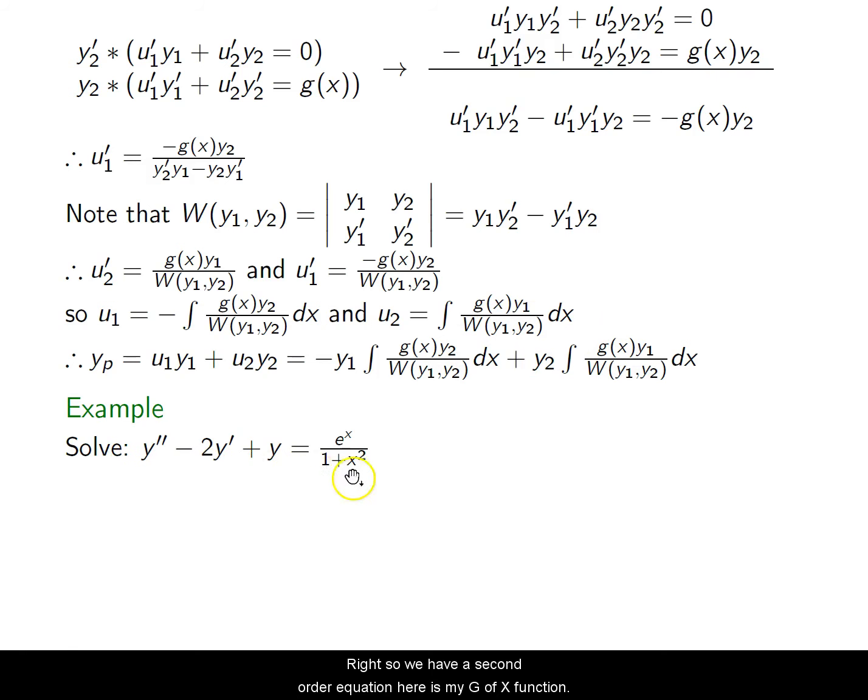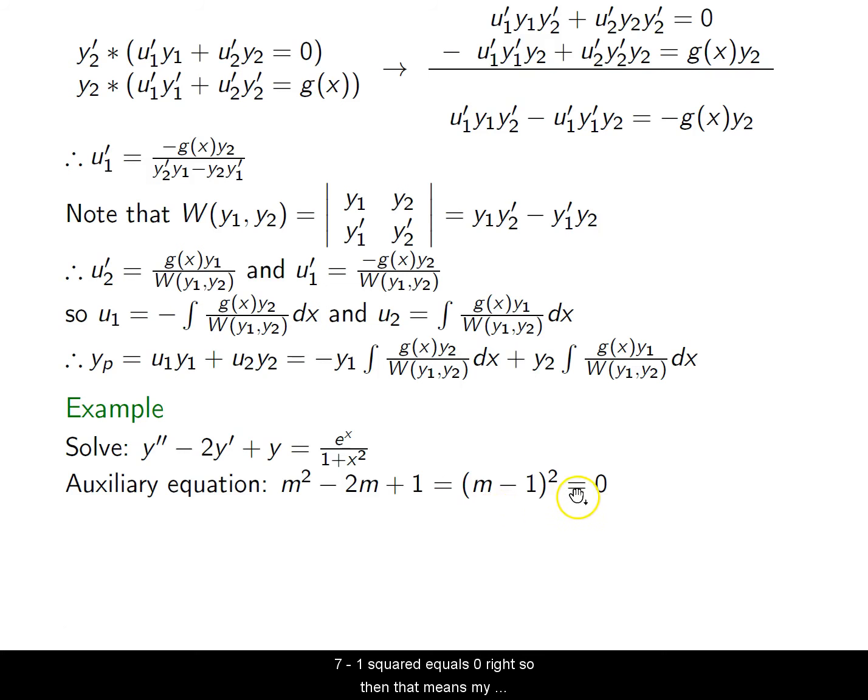Right, so we have a second order equation here. This is my g of x function. In order to start this, I need to find the solutions to the auxiliary equation. I need to figure out my homogeneous general solution, right? So very easy equation, m squared minus 2m plus 1.